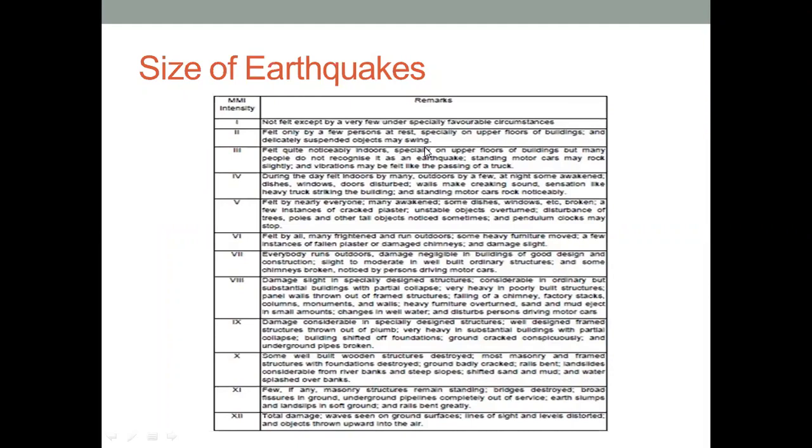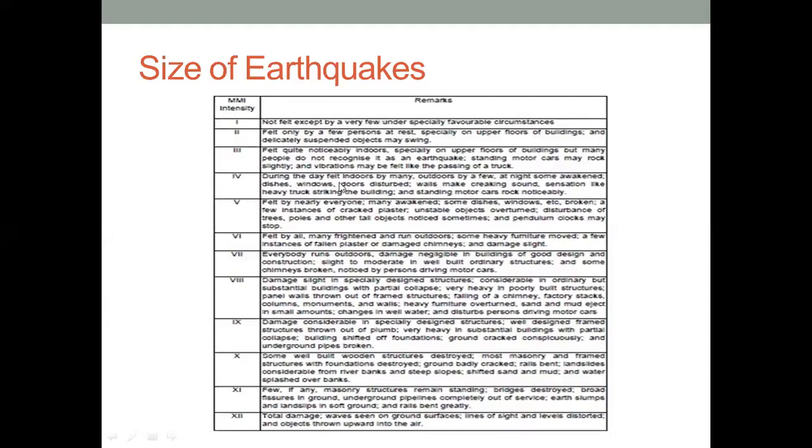Some of the objects will swing during the earthquake, but with very small vibration. Scale 3: felt quite noticeably indoors, especially on upper floors of buildings, but many people do not recognize it as an earthquake. Standing motor cars may rock slightly, and vibrations may be felt like the passing of a truck.